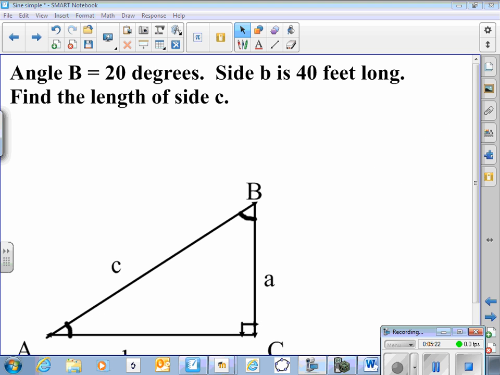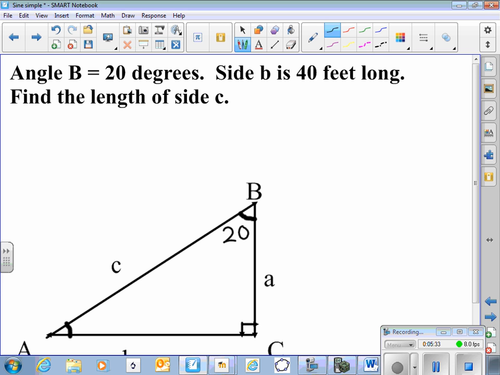So here's another example. Let's say angle B is 20 degrees, side B is 40. We want to find the length of side C. So the sine of 20 degrees is equal to the length of the side opposite divided by the hypotenuse that we don't know.